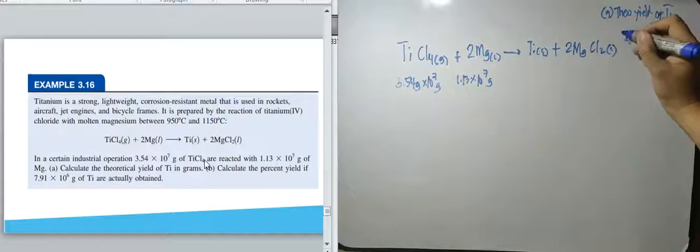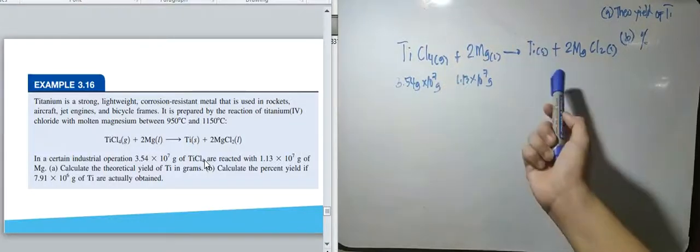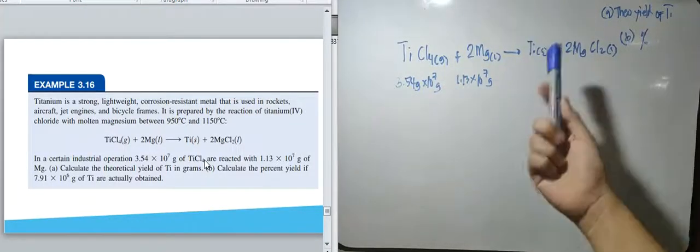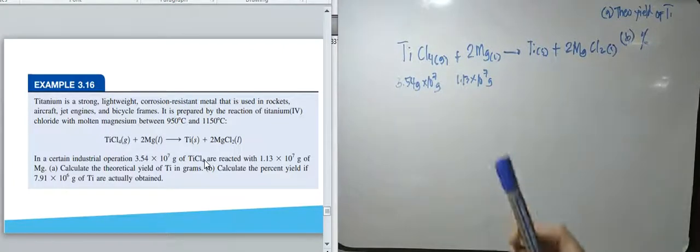B is percentage yield. Theoretical yield, from the word theoretical, is an estimation based on the chemical reaction. So, okay, let's try to solve.